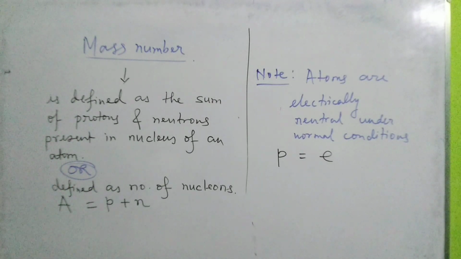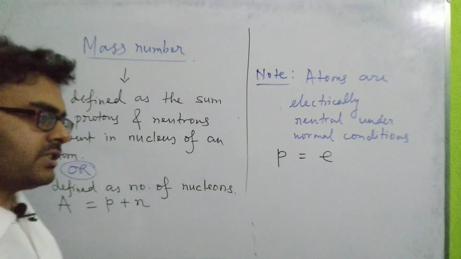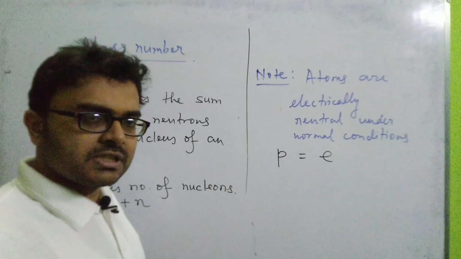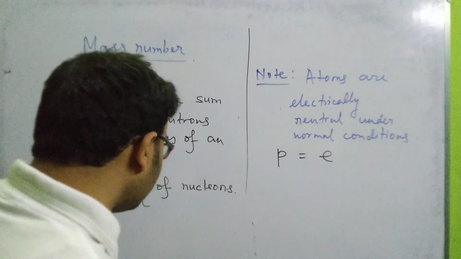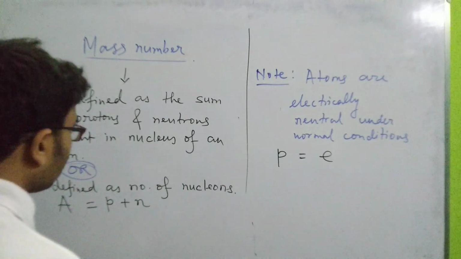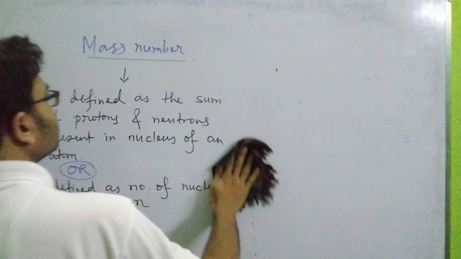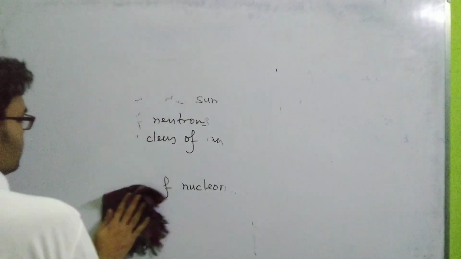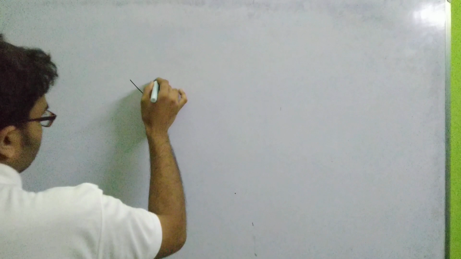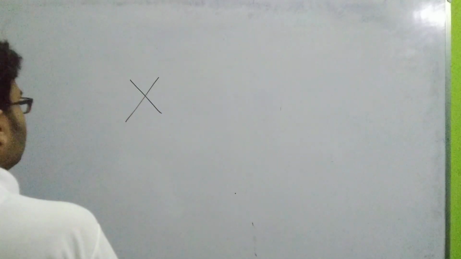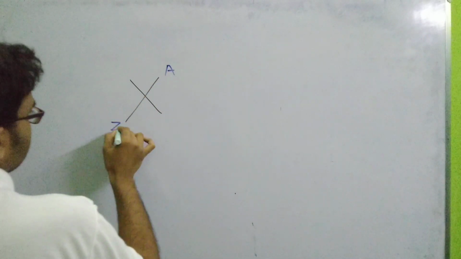If the atom of an element is represented with its mass number and its atomic number, we can get an idea about the number of protons, electrons and neutrons present in that atom. Symbolically, say the atom of an element is X, with mass number A written at the top and atomic number Z written at the bottom.